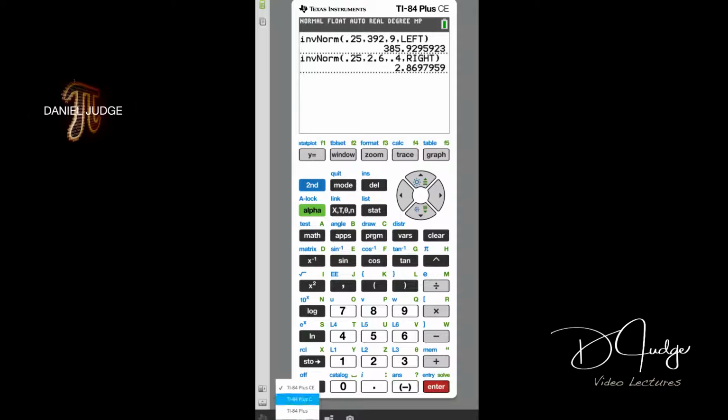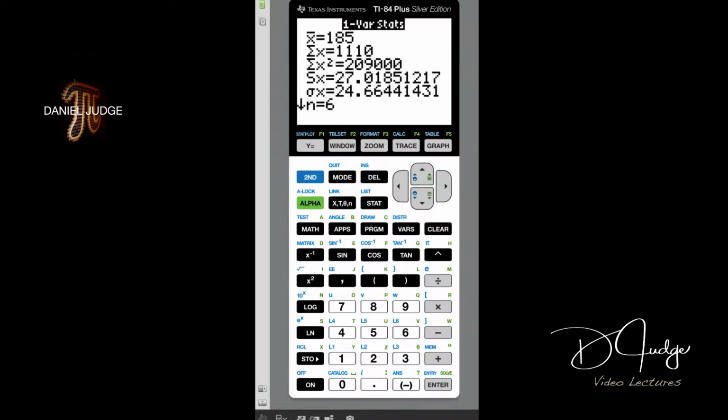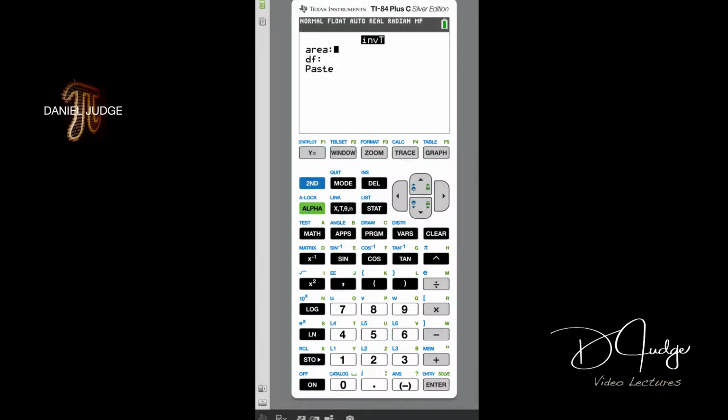If I change it to the TI 84 Plus now... uh-oh, my TI 84 Plus is frozen. All right, TI 84 Plus C. Clear this out.